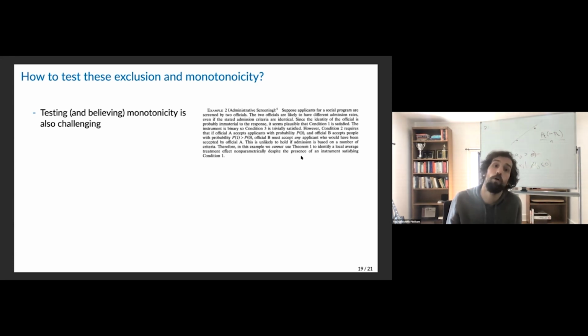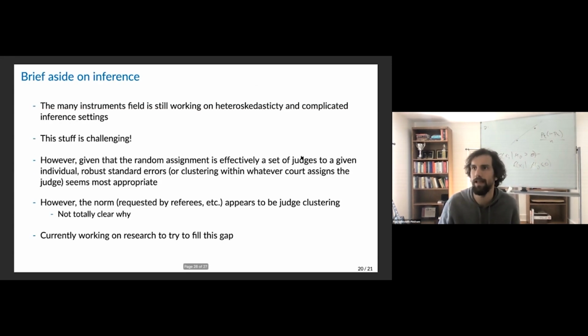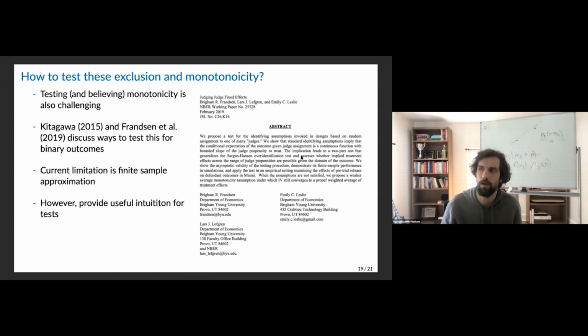What you worry about more is unobservable heterogeneity in treatment effects. The way that historically people have tried to deal with monotonicity is to look for tests across these observable characteristics. But this Frandsen et al. paper kind of highlights some of the problems with that approach, but this is something worth thinking about in this setting. It's very doable to deal with it, but it's not perfect.